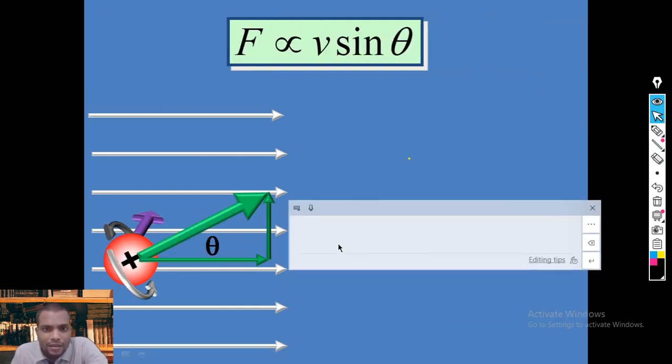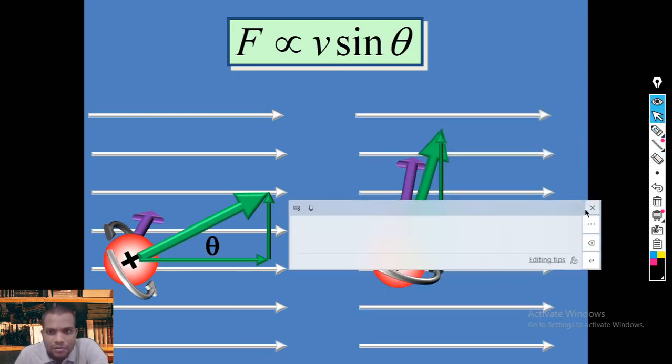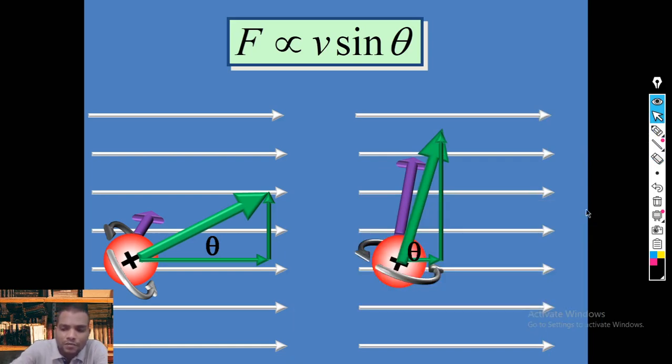Now, to find the corresponding direction, first consider the angle between the force and the magnetic field. Here the velocity vector is very important, since the velocity vector makes an angle with the magnetic field. We need to take that particular component.